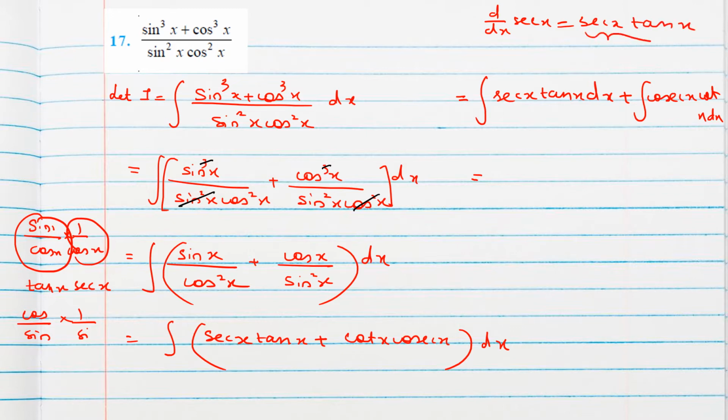So the integral of sec into tan will give directly sec x, and the derivative of cosec we know is minus cosec into cot. Okay, so the integral of cosec into cot will give minus cosec. So we can write here directly sec x minus cosec x plus c.